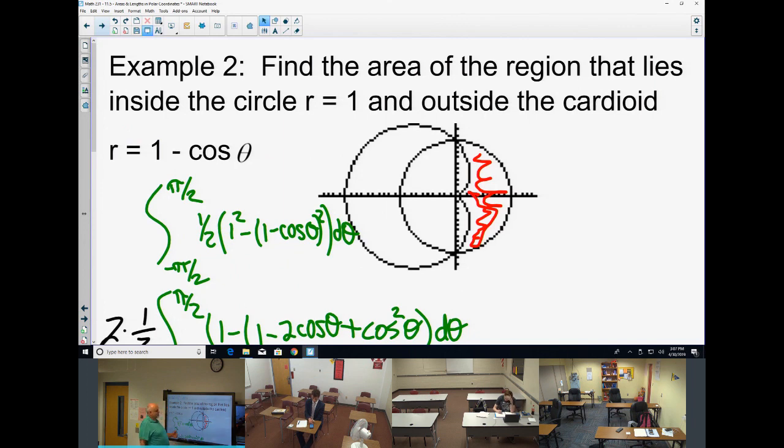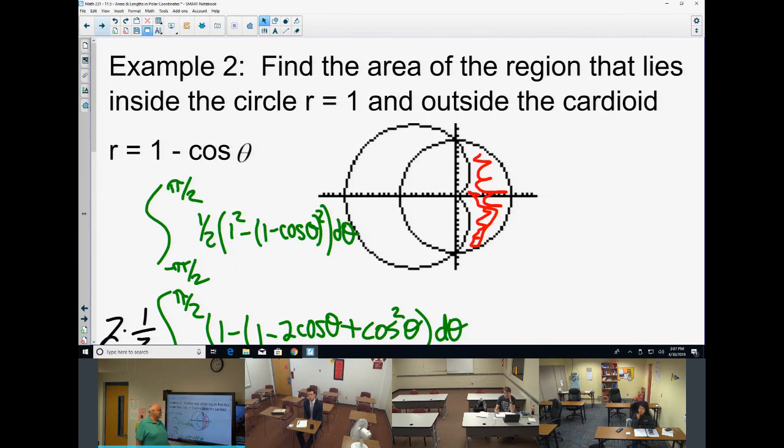Now, here's the thing, what I've noticed in doing these problems is sometimes weird stuff happens as you're going from 0 to 2 pi. Like you get negative r's and weird stuff. So I can set it up to go from negative pi halves to pi halves, because that's where this area is.